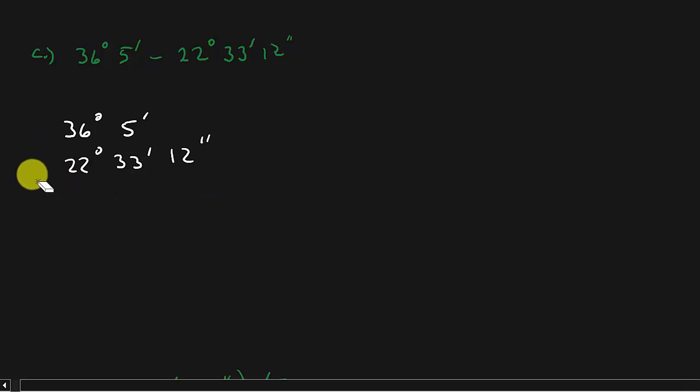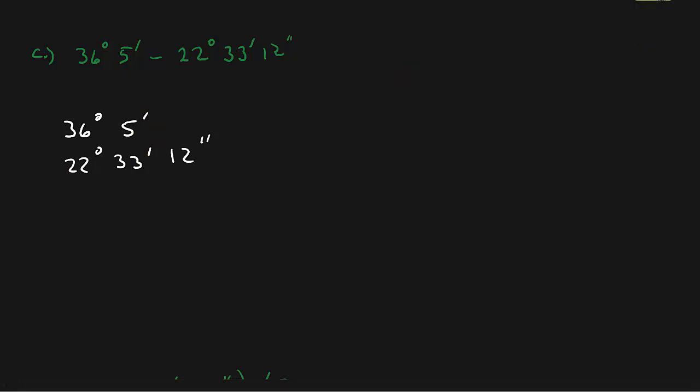All right, so how am I going to do this? The thing we've got to look at here is, notice the 5 here is smaller than this 33. It's got to be bigger than the 33. So we're going to have to borrow again.